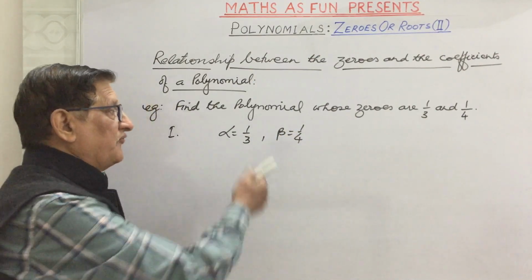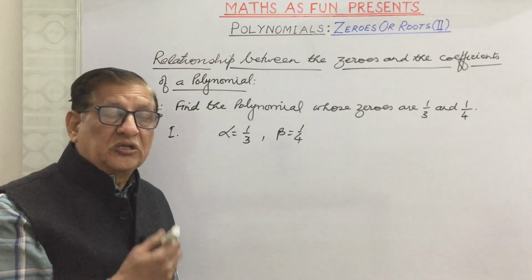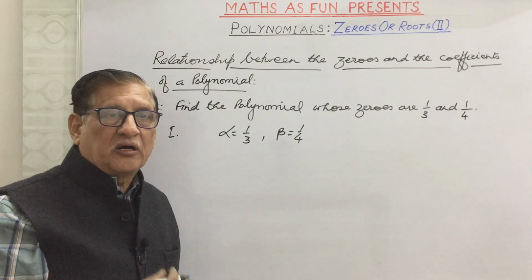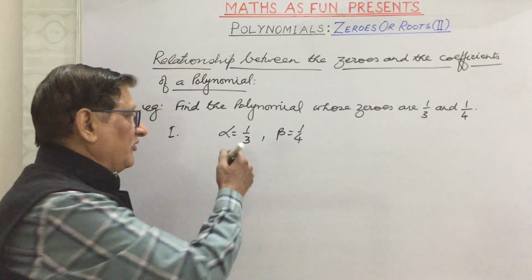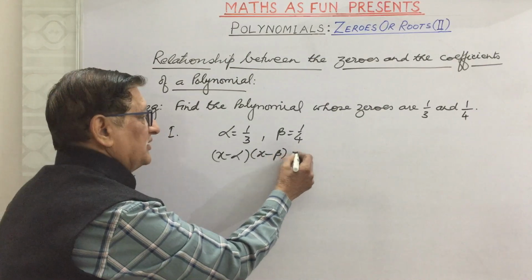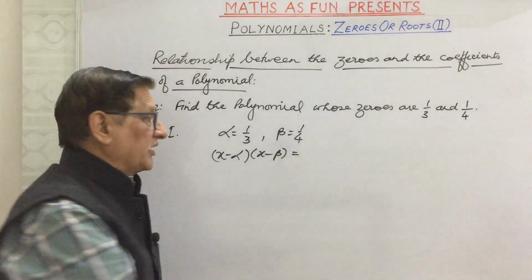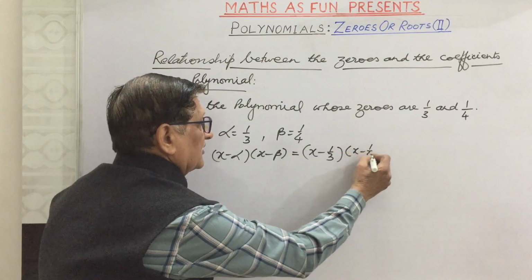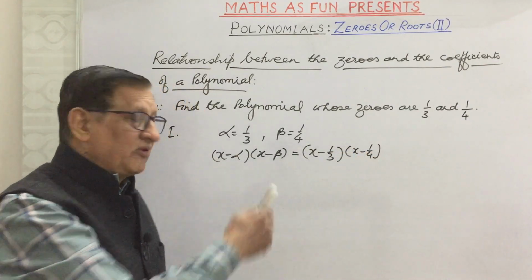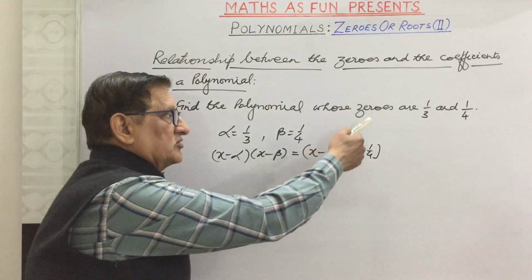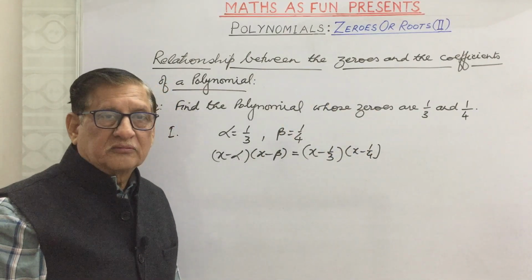We know that if alpha and beta are the zeros of a polynomial, x minus alpha and x minus beta are its factors. So we will find the product of x minus alpha and x minus beta, that is (x minus 1 upon 3) into (x minus 1 upon 4). But we will not write that this is the polynomial. Why? Because the zeros are in fraction.